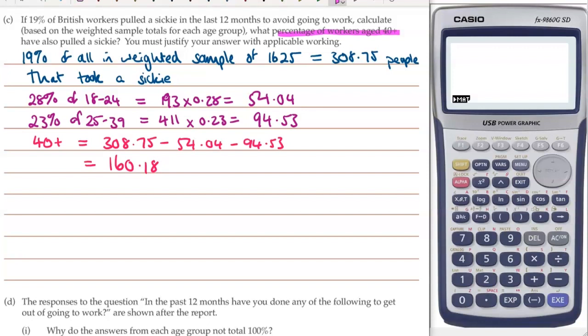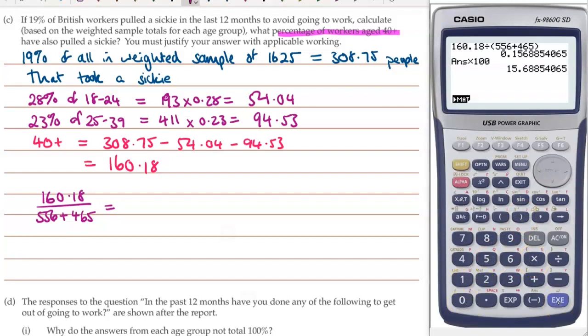So now we need the total of people that are over 40. In our table of weighted samples, we've got two that count in the category as being over 40. We've got 40 to 59, which is 556 people, and then 60 plus is 465. So we need 160.18 divided by 556 plus 465, and then times by 100 is 15.7%.